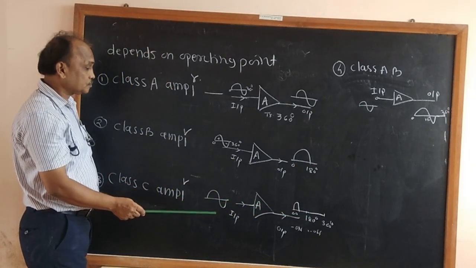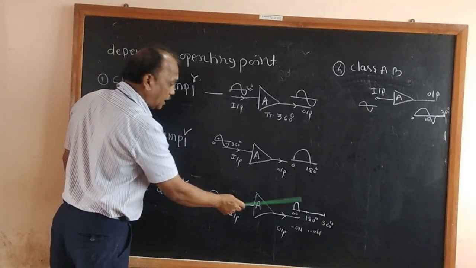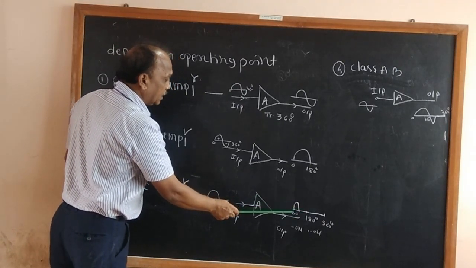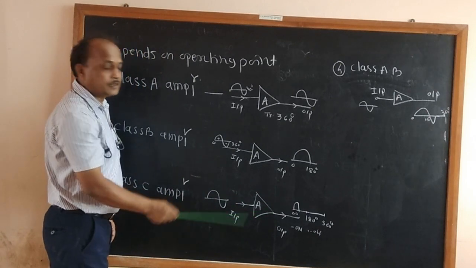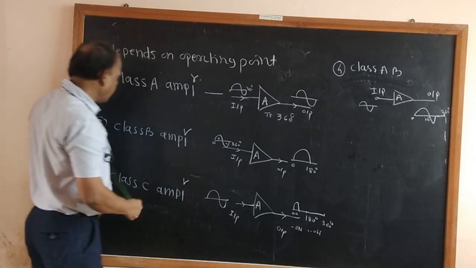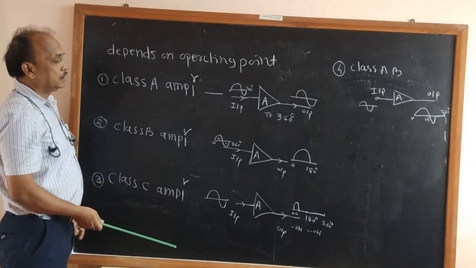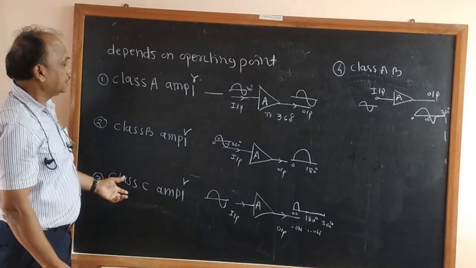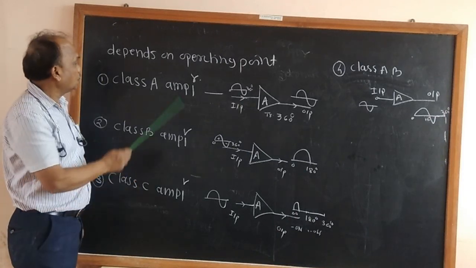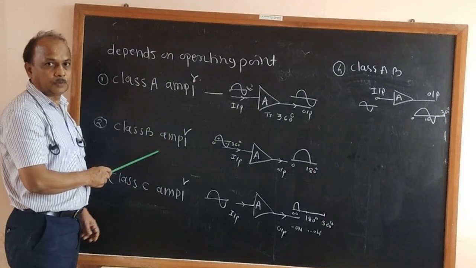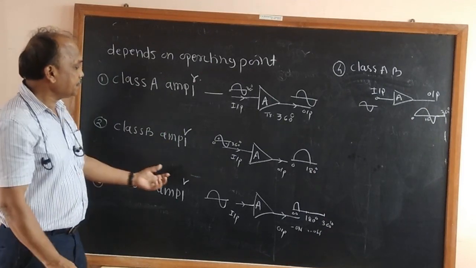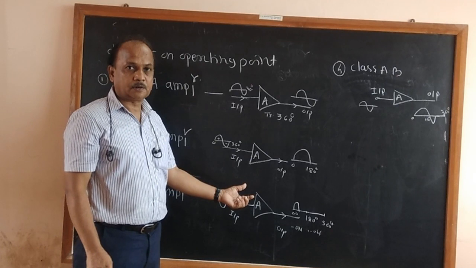That is, the signal available at the output is less than a positive half cycle, or less than 180 degrees. This indicates that the efficiency of this amplifier is very high as compared to class A and class B, because we have to turn on the transistor only for a short duration.